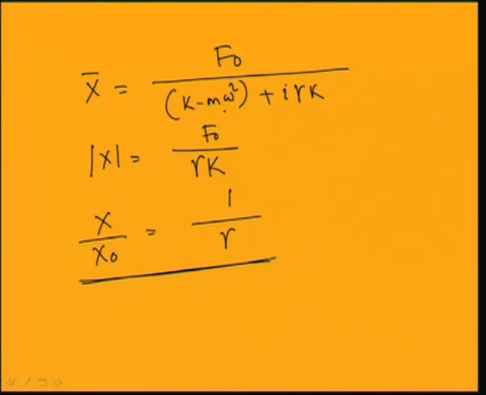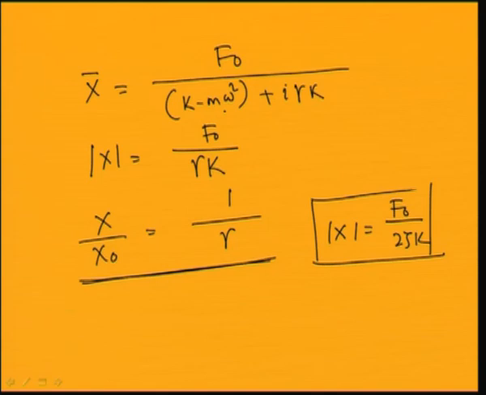In case of viscous damping you have seen that the sharpness of resonance was 1 by 2 zeta, and here it is equal to 1 by gamma. So, you can compare the resonant response with that of viscous damping. In that case you have seen that mod x equals f0 by 2 zeta k, and this is in case of viscous damping, and this is the case of structural damping.